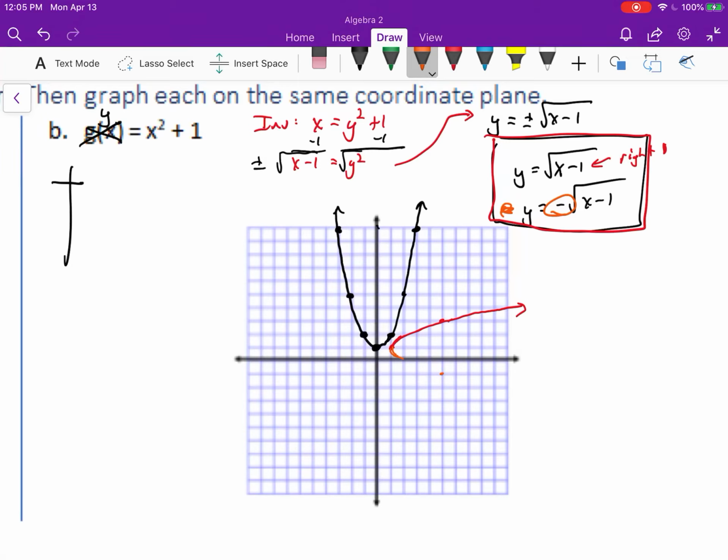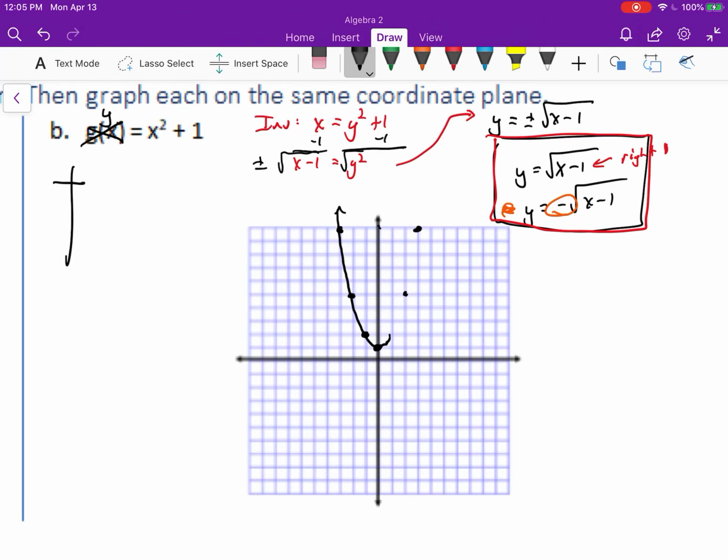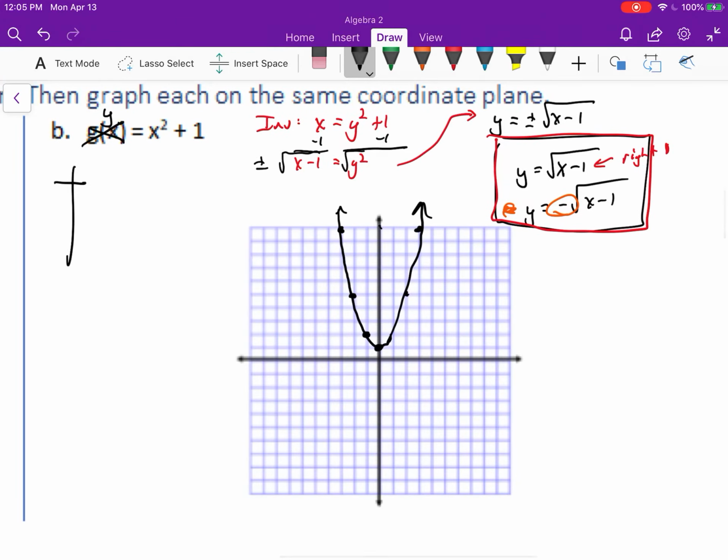So it's going to be here. So they're on the same coordinate plane, and once again we see that it is a reflection. Oops, I goofed here. This is in the wrong spot. It's moved right one. I moved it right one and up one.